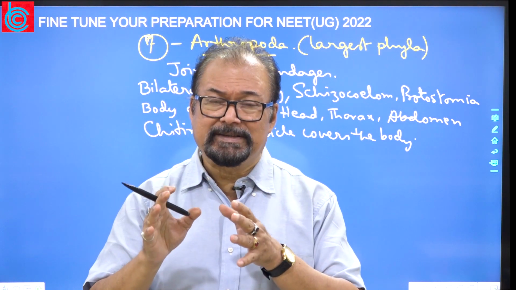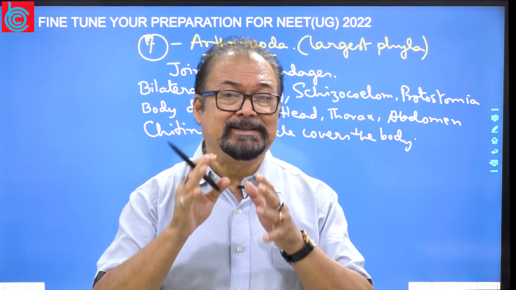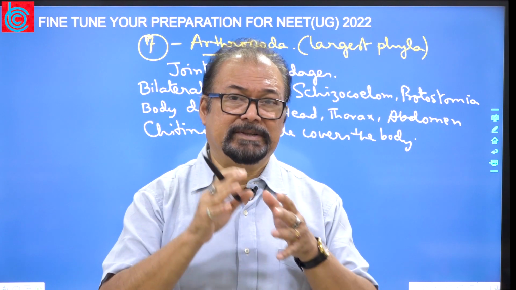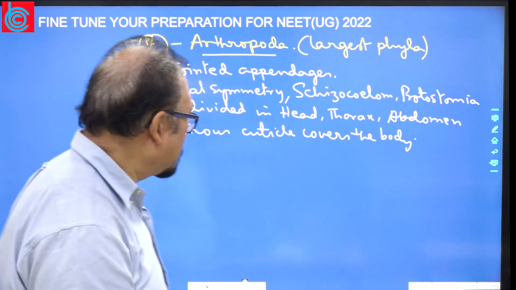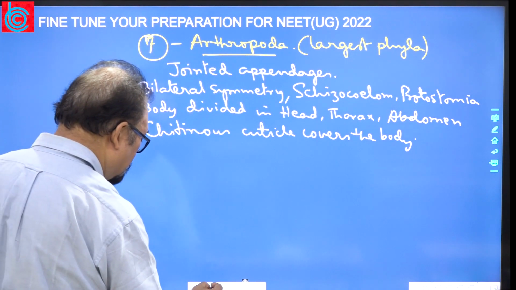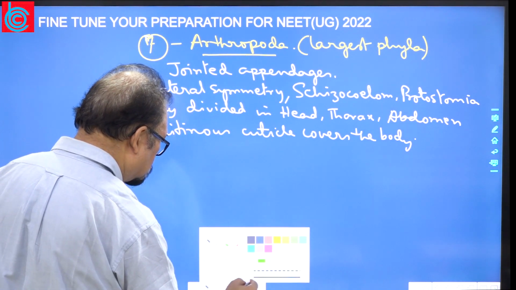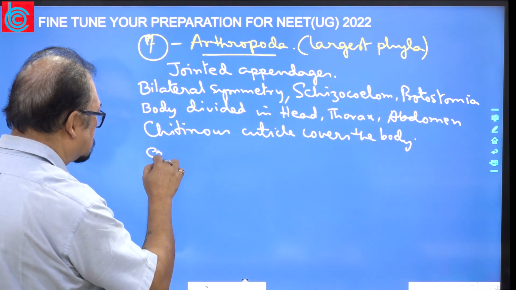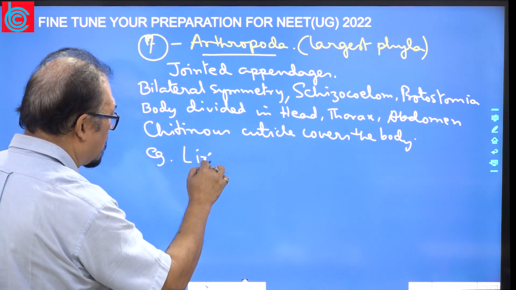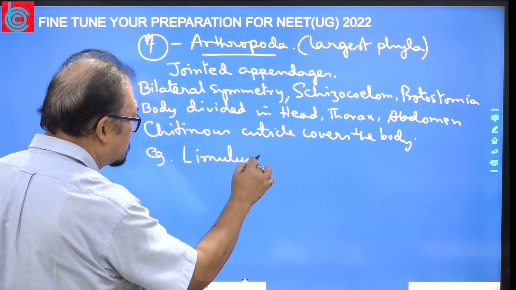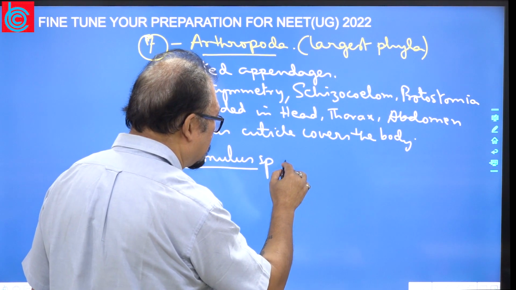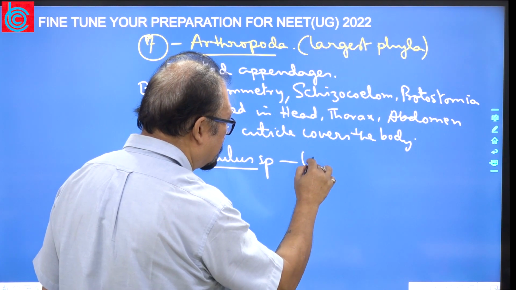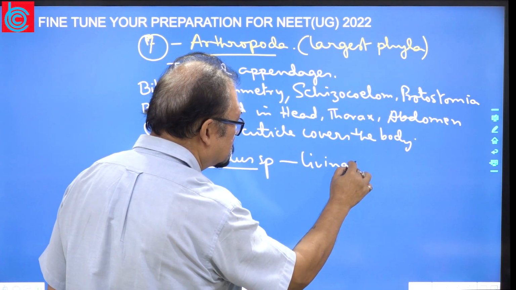So some exceptions are there, but in most of them, in Insecta, Crustacea, these major groups, larva is present. So one example, Limulus, it is a king crab or horseshoe crab, and it is also an example of living fossil.